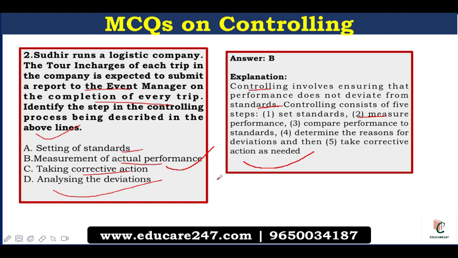Corrective actions may be taken by eliminating the negative factors which have caused a deviation between actual performance and standard performance. It includes reviewing the performance standards if these are not feasible to be achieved in the present situation. It may require review and consequent change of plans. Moving on to the next question.